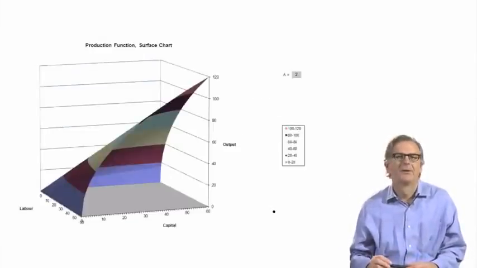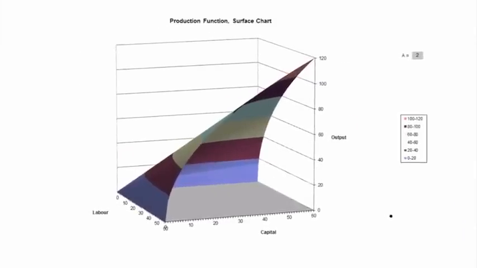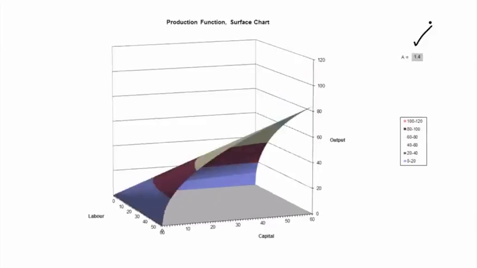surface chart, we can illustrate that very nicely. What I've done to construct this surface chart is to take a value of total factor productivity equal to 2. Should I vary that, for example, should it fall to 1.4, you can see that the production surface shifts down.